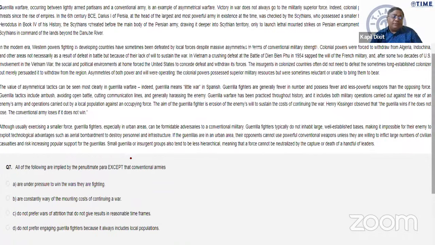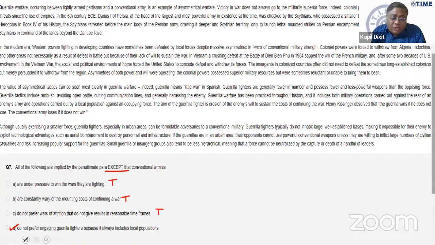Question number 7. All the following are implied by the penultimate para except that conventional armies. It is talking about conventional armies, right? So for this, all the following are implied. Are under pressure to win the wars they are fighting. Yes, conventional armies are under pressure. Are constantly wary of the mounting cost of the war. Yes, they are. Do not prefer wars of attrition that do not give results in a reasonable time frame. True. Do not prefer engaging guerrilla fighters because it always includes the local population. Oh, this is the answer.